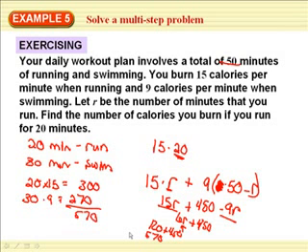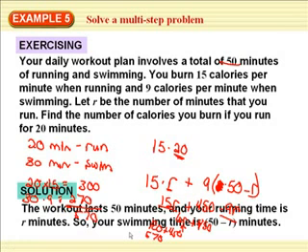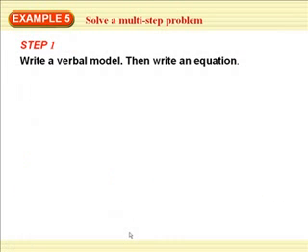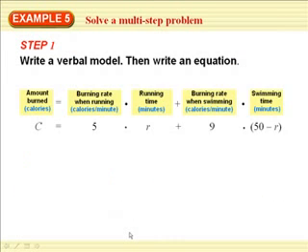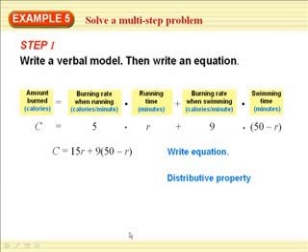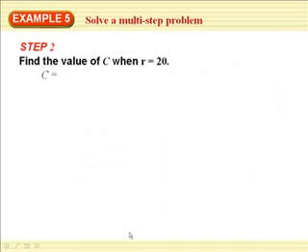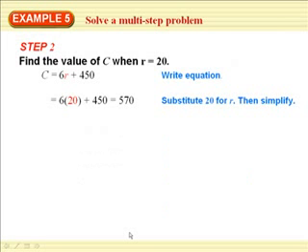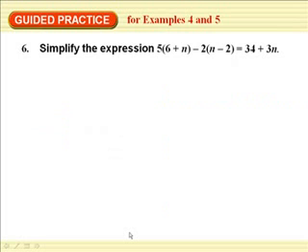Sometimes the algebra can be crazy. There's our verbal model, which we kind of did anyway, and they're just coming up with the same thing that we did. So, like I said, there's more than one way to do these.